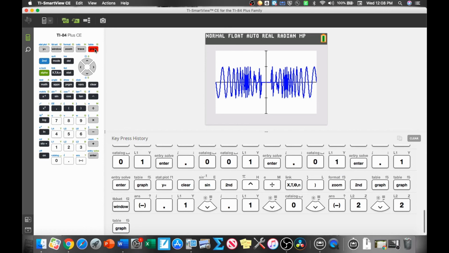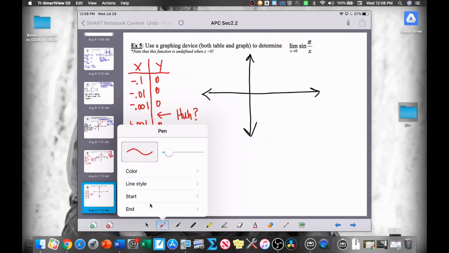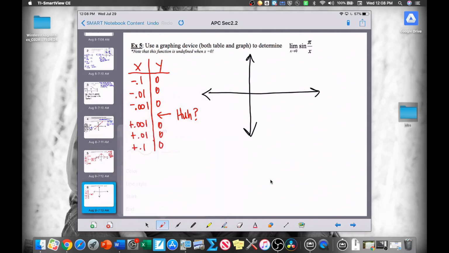But what you should notice when you sketch the curve is that, on the left-hand side of the y-axis, the tail end of our graph over here is living below the x-axis, and then it just starts going like that, kind of crazy, but it ends up underneath the x-axis. And on the right-hand side, you have the opposite thing going on. It's going like this, and it's ending up here.